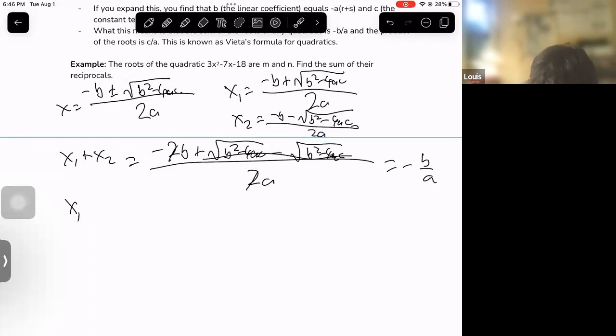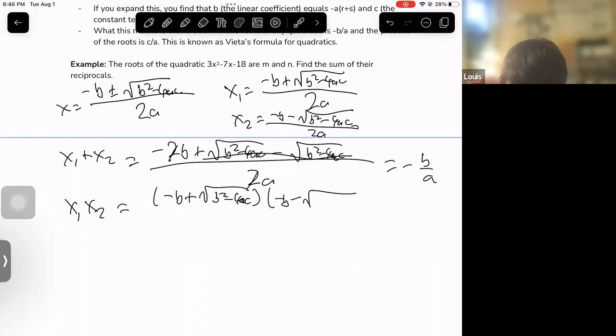And x1 times x2 would equal negative b plus square root of b squared minus 4ac times negative b minus square root of b squared minus 4ac over 4a squared.